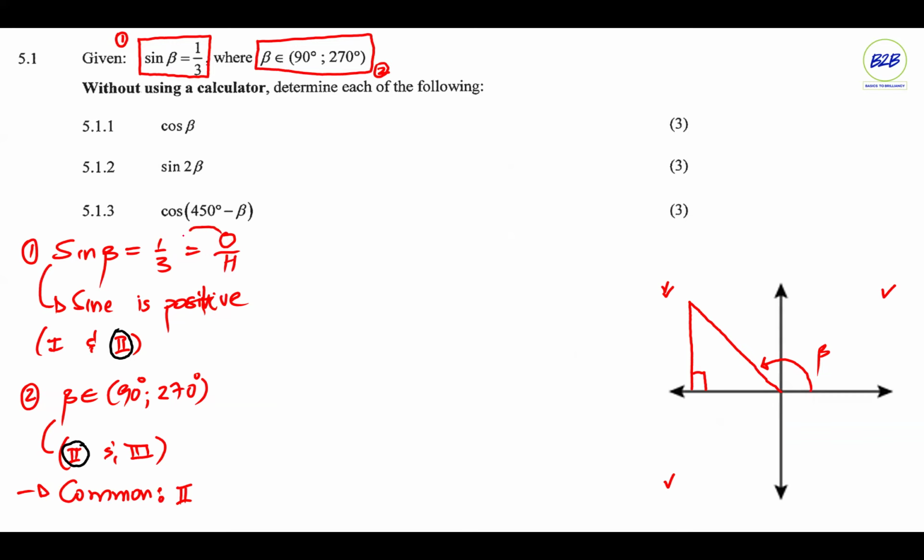And that means the opposite side, which is the vertical side in this case, is 1 unit. And then the hypotenuse, which is the side opposite to 90 degrees, is 3 units. And then obviously we have a missing side, which is the value of x.